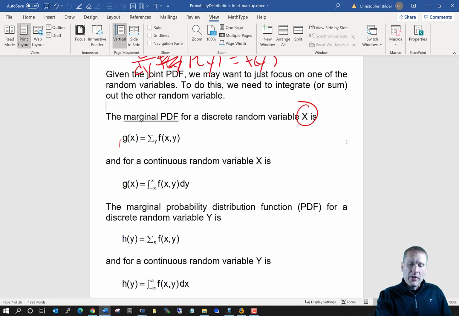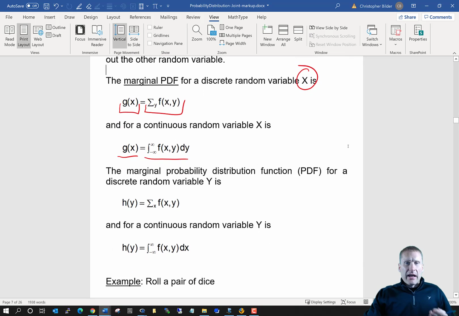If I want to get the marginal PDF for just x, let's call it g of x, then all I would need to do for a discrete random variable y is what's called sum it out, meaning you sum over all possible values of y, f of x, y, and then you get the PDF for just x itself. For a continuous random variable, you now do what's called integrate it out. So g of x is the integral over all possible values of y, f of x, y, dy, and there's your marginal PDF.